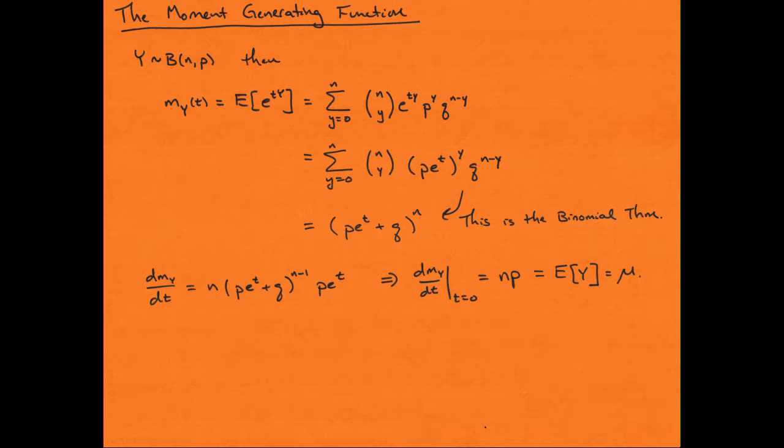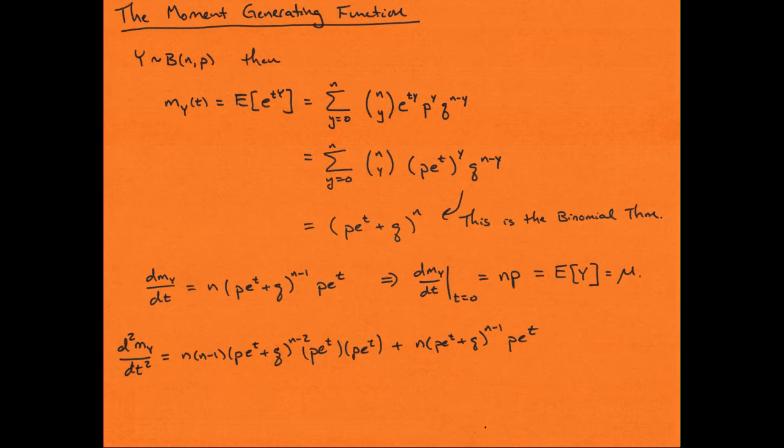Now if we want the variance, we have to take the second derivative. Taking the derivative of the first derivative, we get a long and drawn out expression, so I'll leave that for you to try on your own. Make sure that you come up with the same value. Then if we evaluate that at t equal to 0, we get our second moment being n times n minus 1 times p squared plus n times p.